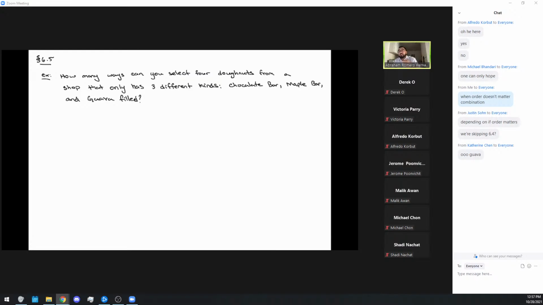So this section's about doing combinations and permutations, but when dealing with repetition, they're not necessarily distinct objects. That's essentially what this section is about.